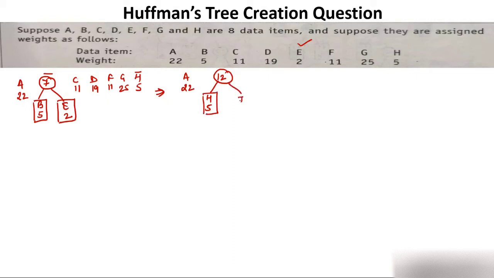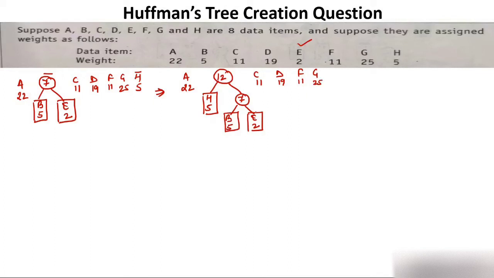The right side will have 7. Then you have B5 and then E2. And remaining are C11, D19, F11 and G25.